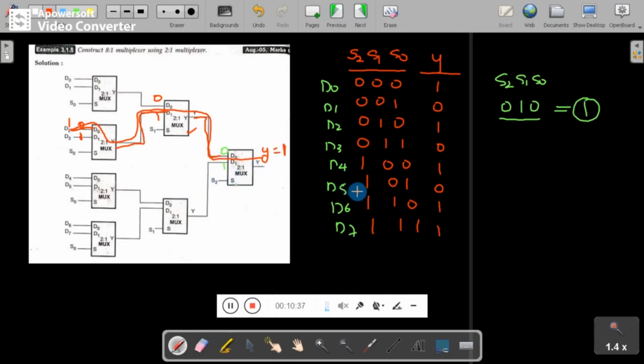Now let us take one more example. I will take control value equal to 110. First decide what S2, S1 and S0 are. S2 is equal to 1. When S2 is equal to 1, this line gets selected and this IC gets selected.